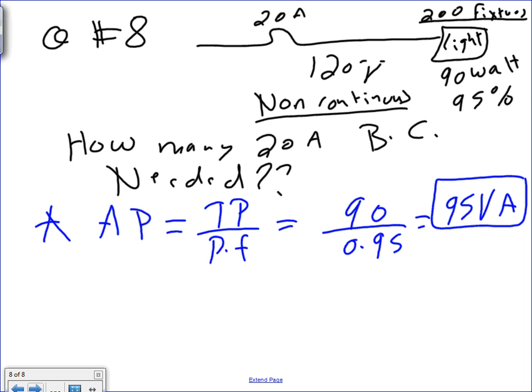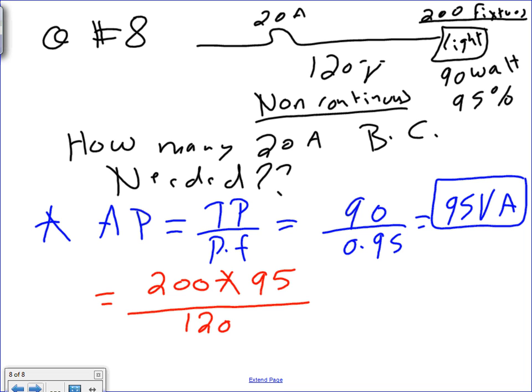That's the apparent power for each fixture. Then, how many of them do I have? I have 200 of them. Multiply the 200 by 95, because I have 95 volt amps each, and divide by the voltage. What's the voltage? 120.